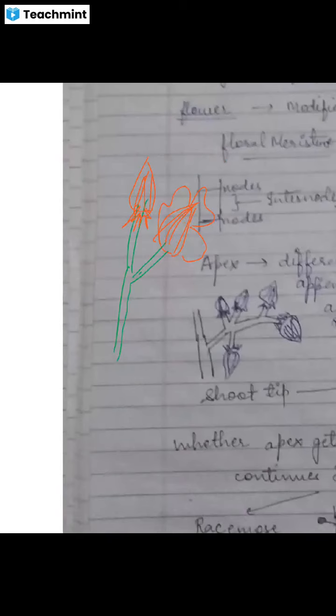So this portion, this part we call the apical meristem. Apical meristem कहेंगे इसे, right? So the floral meristem, the modified shoot, is the apical meristem, which is also known as the floral meristem.